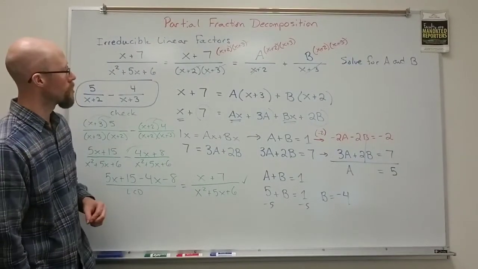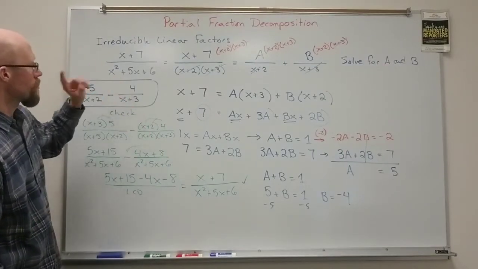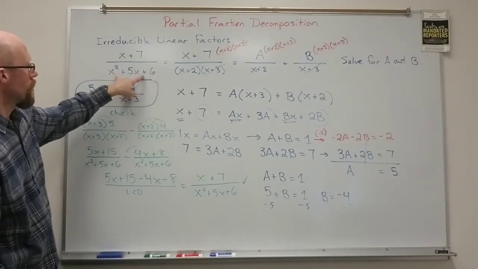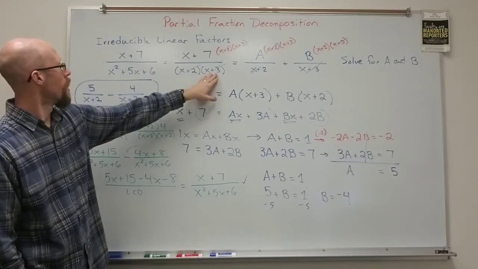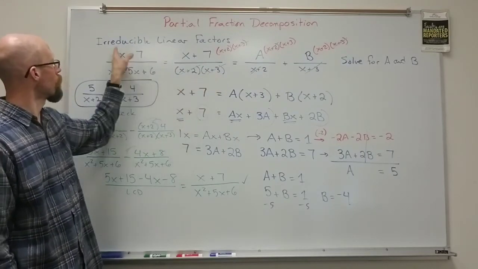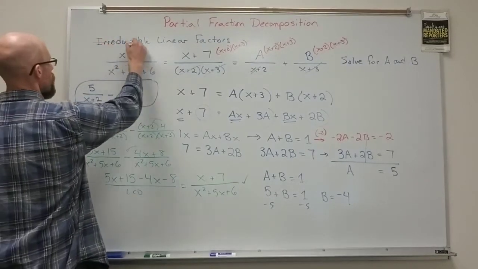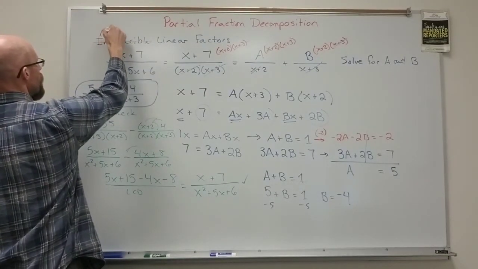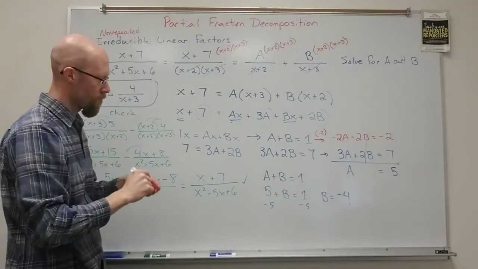The other thing I want to mention too is that when you factor down into irreducible linear factors, in fact, even more than just irreducible, I really should call this non-repeated. I mean, they are irreducible. That's redundant though.